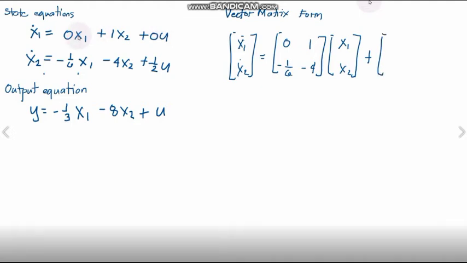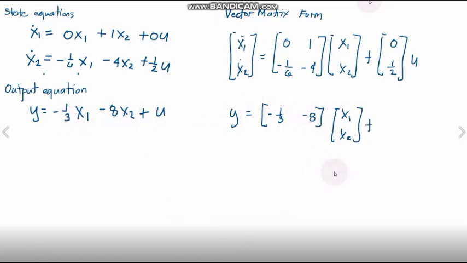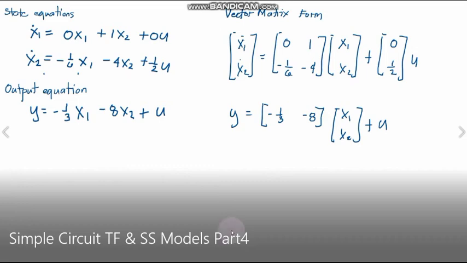Those are the coefficients of x1 and x2, plus 0 and 1/2, which are the coefficients of this u. And for the y, the coefficients negative 1/3 and negative 8 times x1, x2, plus the u. So this is how we write the vector matrix form.